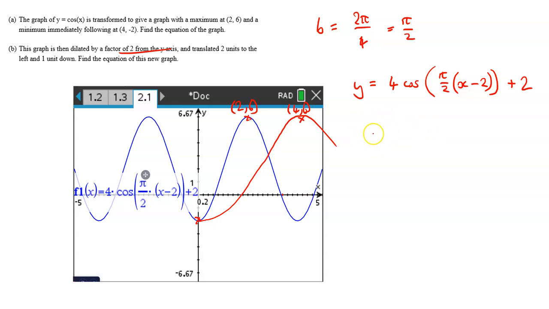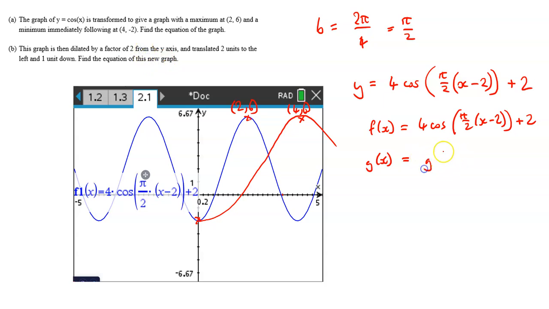So this is my rigorous way of dealing with this. Let our original function f of x be 4 cos pi on 2 (x minus 2) plus 2. And we're going to consider g of x to be the new one.